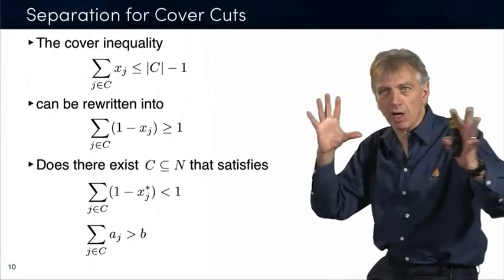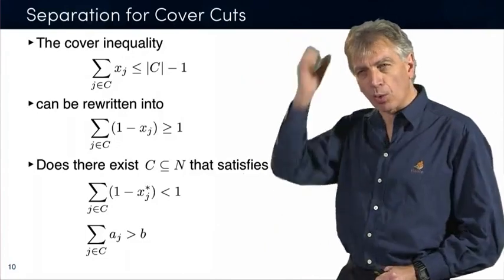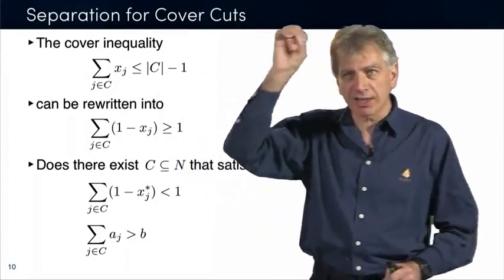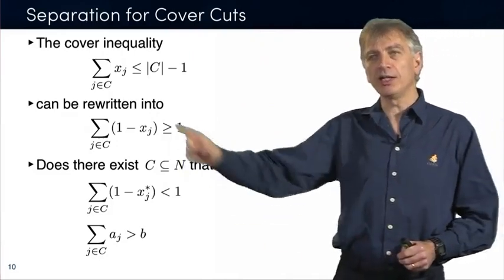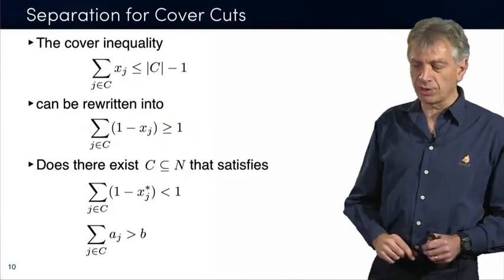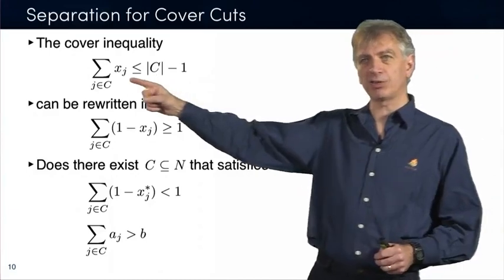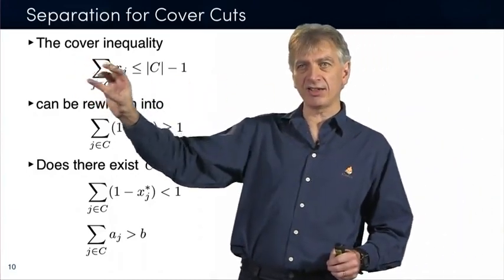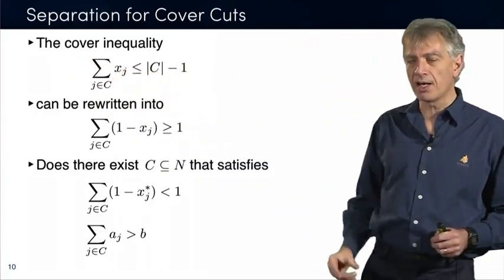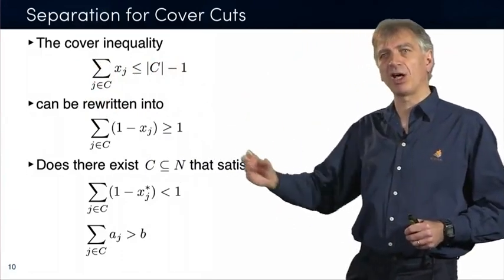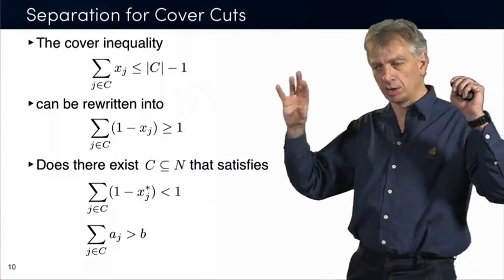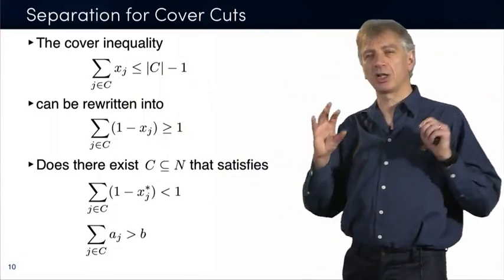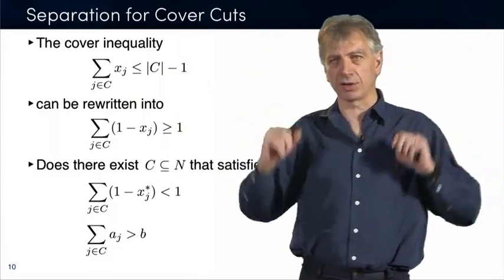So we have this optimal solution to the linear relaxation, and we are wondering, can I find a cover cut that's going to remove this optimal solution of the linear relaxation? So we know the cover inequality says that this subset of variables can't all be 1, so their sum should be smaller or equal to the cardinality of the cover minus 1.